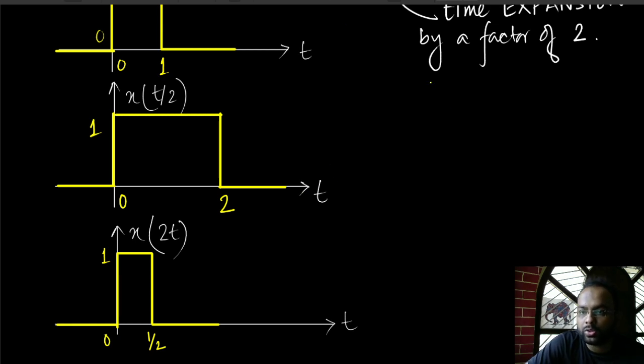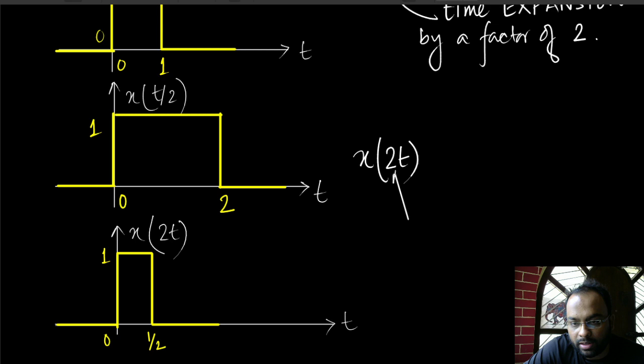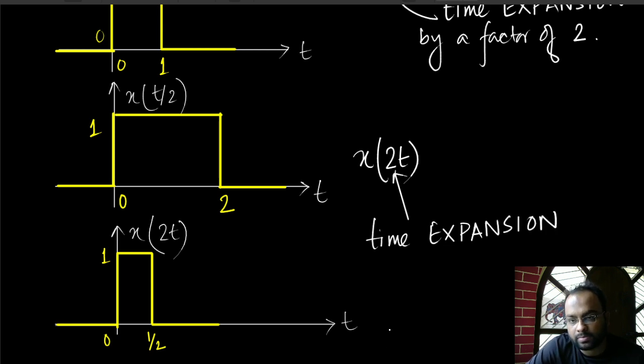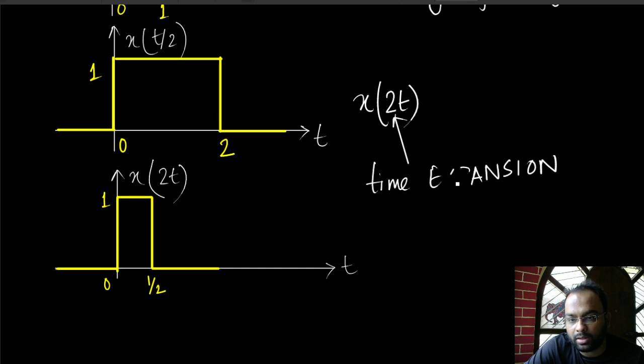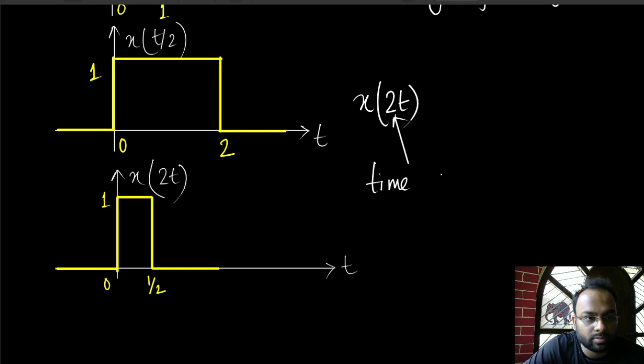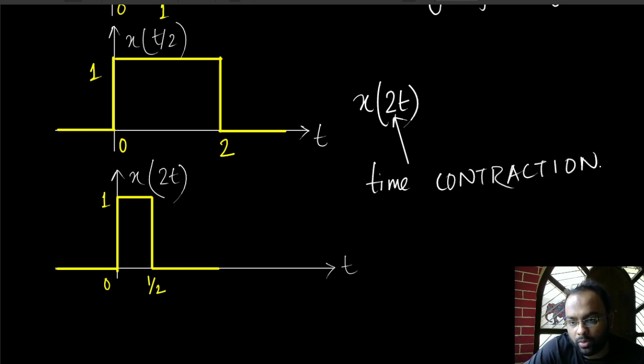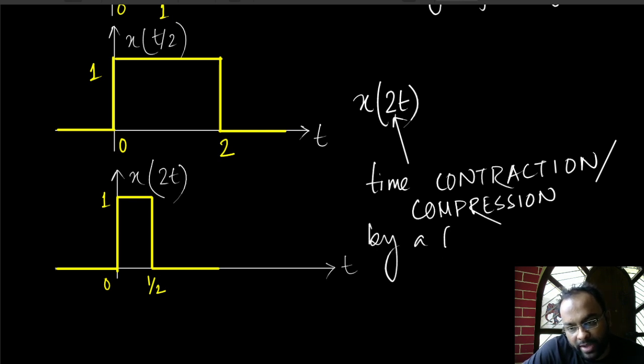Yeah. So the previous one was the time expansion, and similarly, x of 2t will be, this means a time, sorry, a time contraction or compression, whatever you want to call it, by a factor of 2.